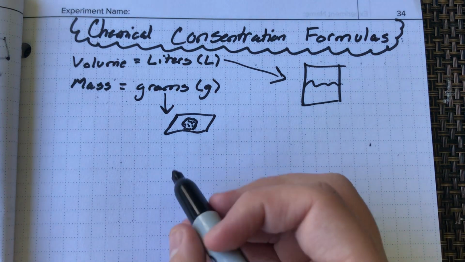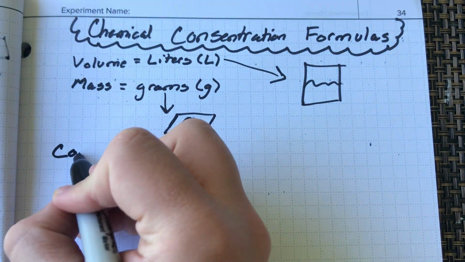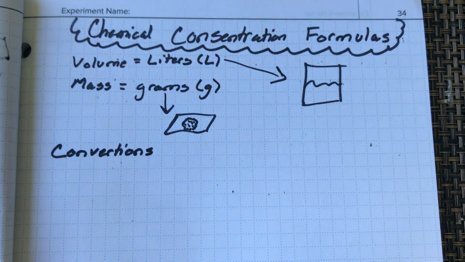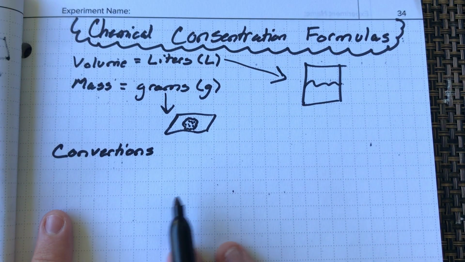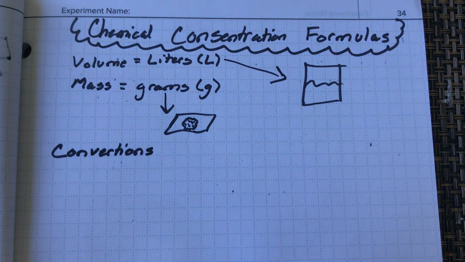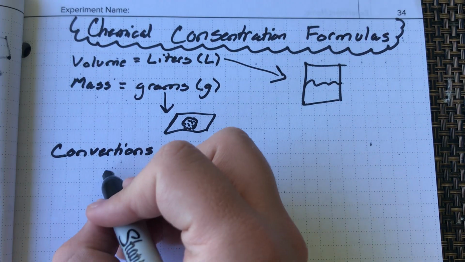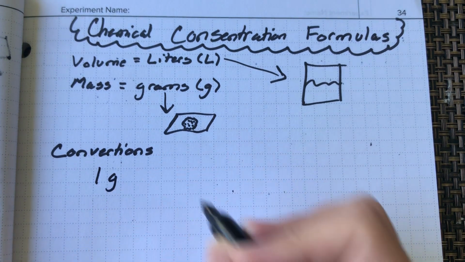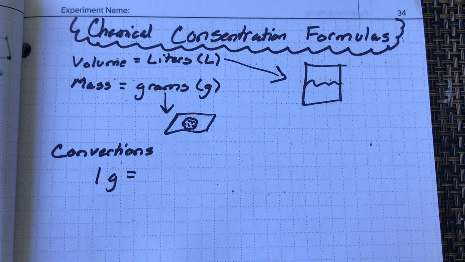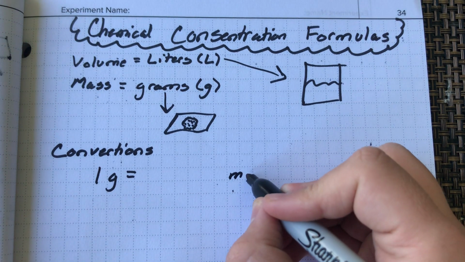Okay, for conversions, which means taking one unit of measurement and changing it to a different unit of measurement, it's going to be incredibly simple. You're going to love it. So let's say you're going from 1 gram and you're trying to find a new measurement that we haven't talked about: a milligram.